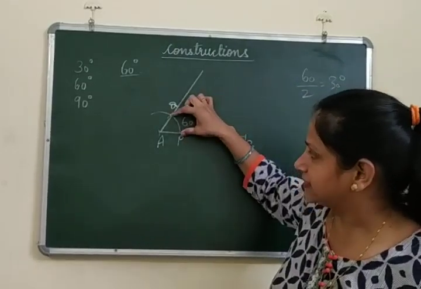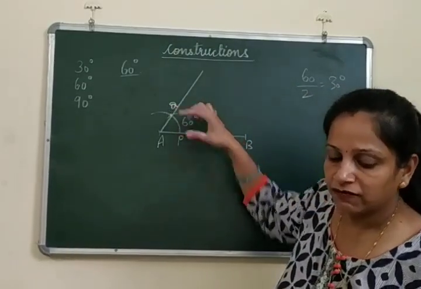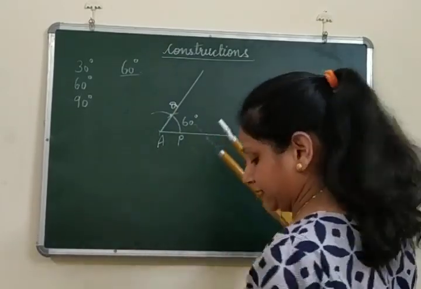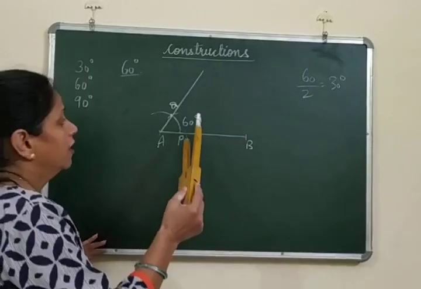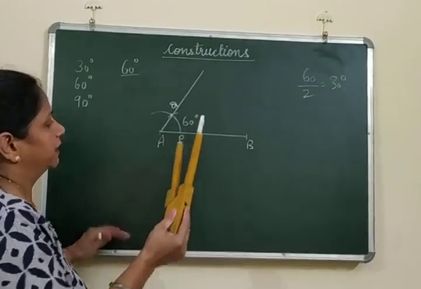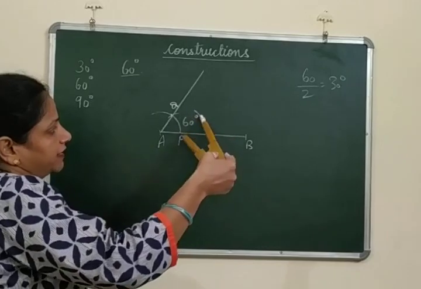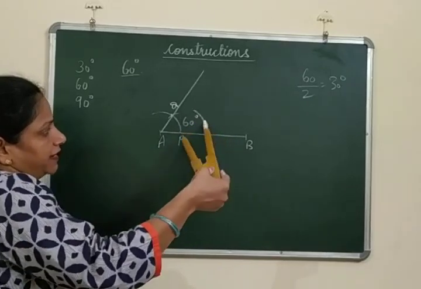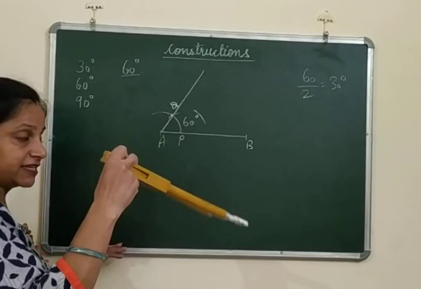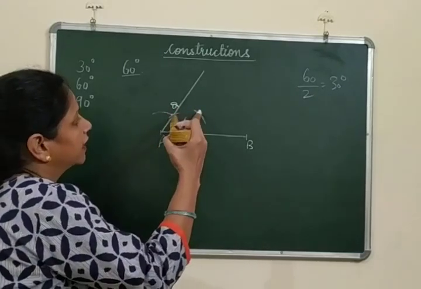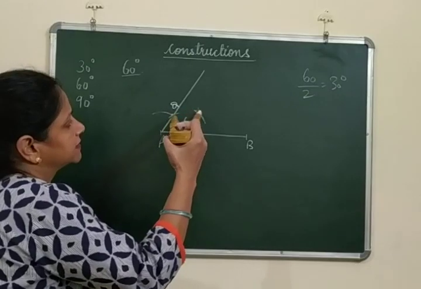The 2 points that we have got, P and Q, we will be taking those 2 points. We can take any radius and first of all, we keep it on the first point and make an arc like this. Then again with the same radius, we keep it on Q and cut the previous arc like this.